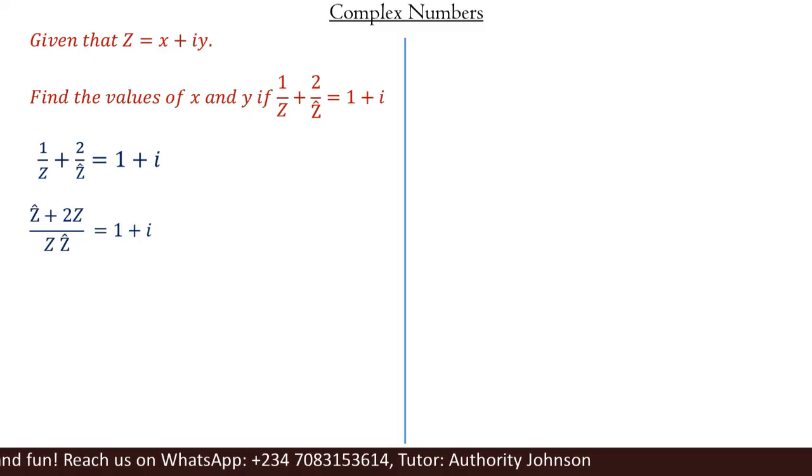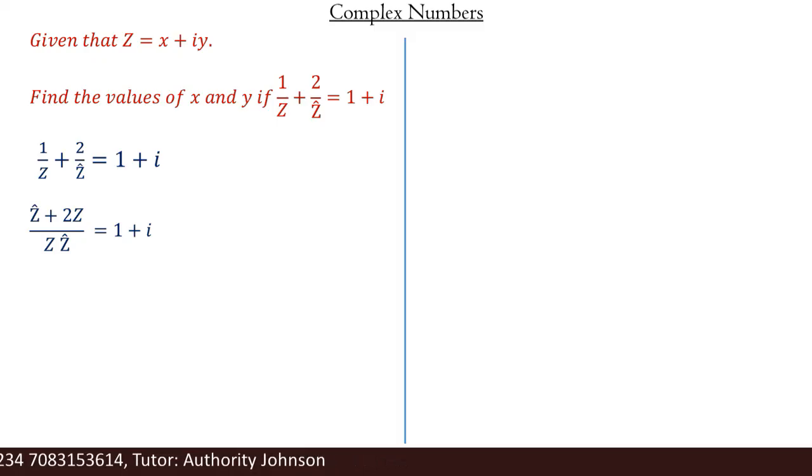Then for the second term, z bar divided by z bar cancels, and z multiplied by 2 gives 2z, equal to 1 plus i. Are we together? Take a look at this again. This is a simple addition of fractions.